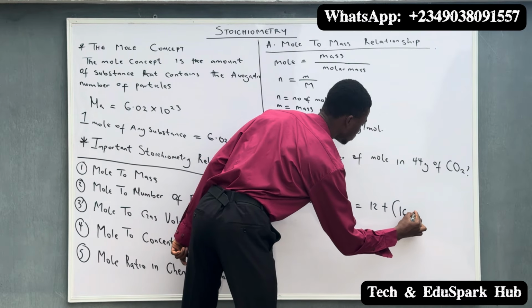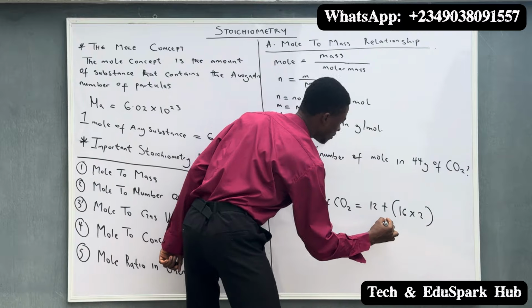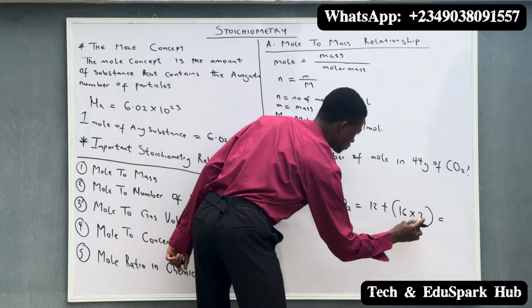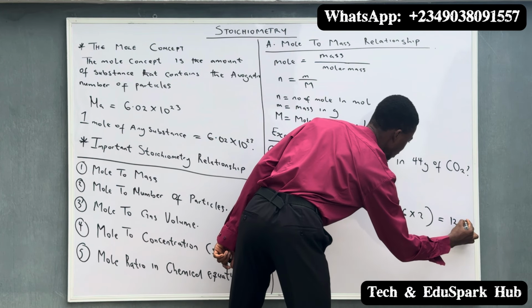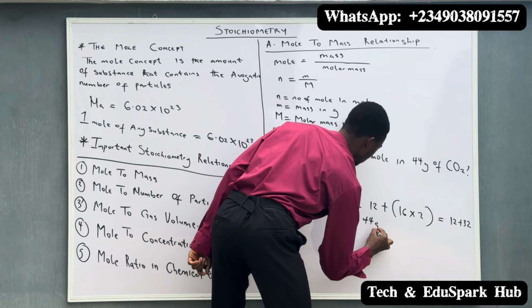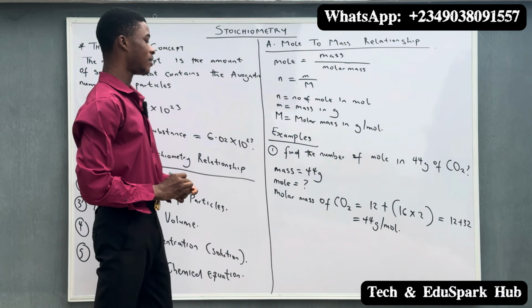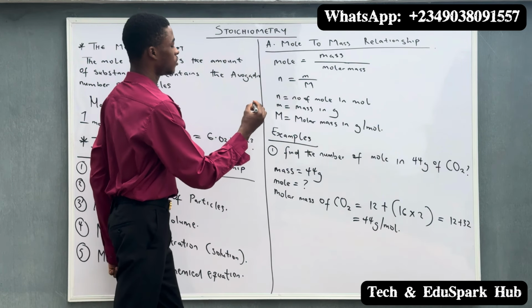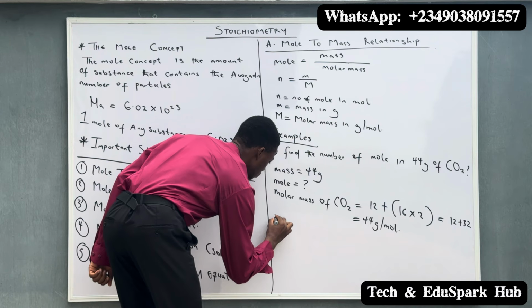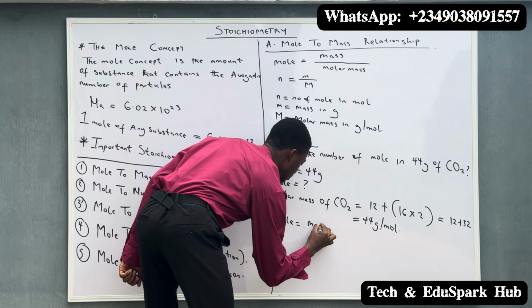So we have 16 multiplied by 2, and our molar mass will be equal to 12 plus 32, which will be equal to 44 gram per mole. So this is given as our molar mass. So back to our formula, we know that mole equals to what? Mass over molar mass.